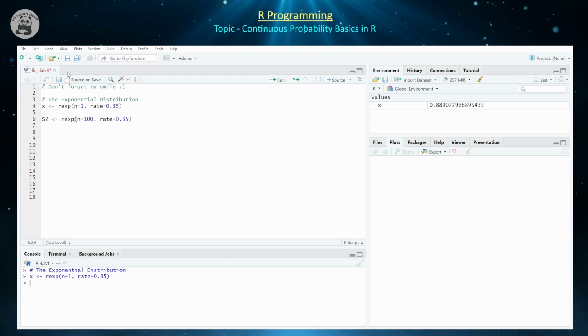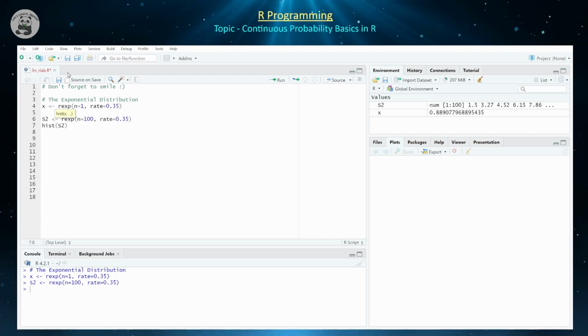And again, if you don't know what this rate parameter lambda is, that's just 1 divided by the expected value. So if you have, for example, an expected value of 50, the rate parameter is going to be 1 divided by 50 in that case. So here, we're selecting a random sample of size 100 from an exponentially distributed random variable.